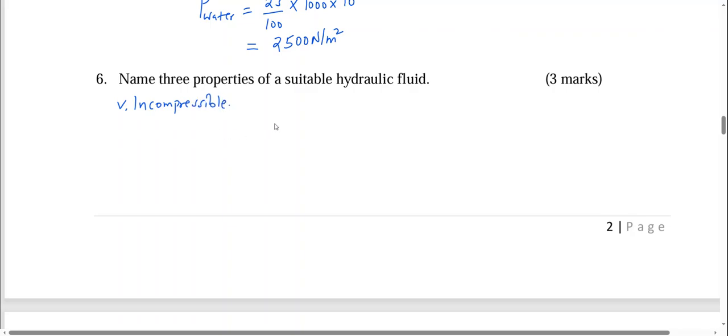Why do we use hydraulic fluid and not air? Because air is compressible. Then property number 2, it should have a low freezing and high boiling point.